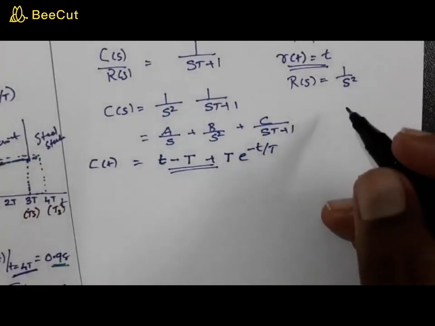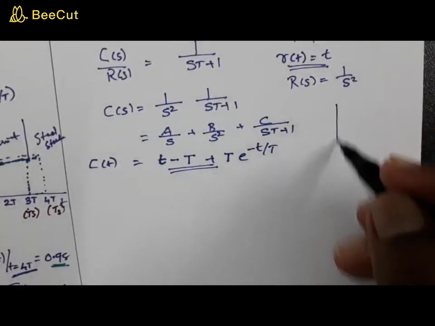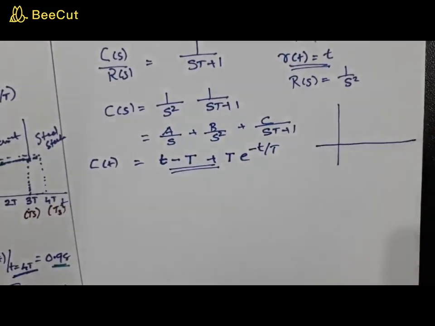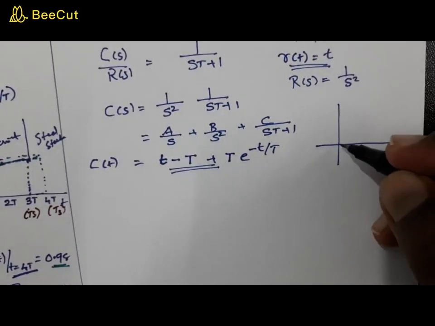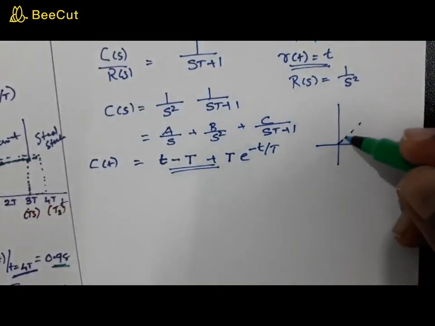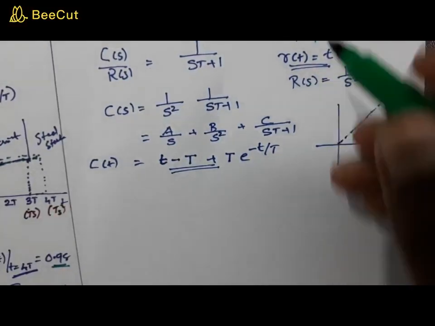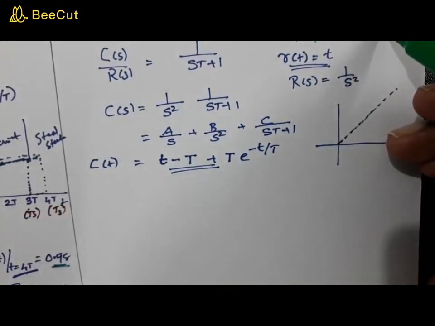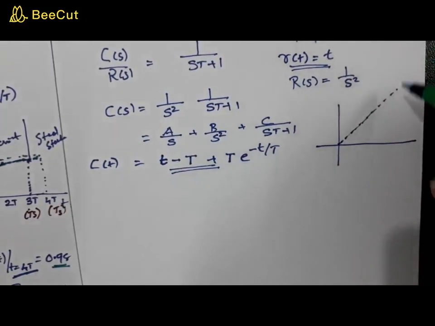Now when you try to draw this graph, what are you expecting? The ideal thing you expect is this: you give a ramp as the input, and you expect the output to be a ramp.